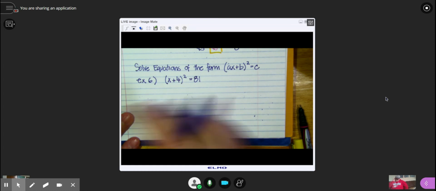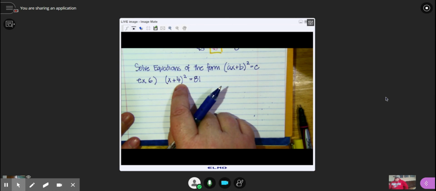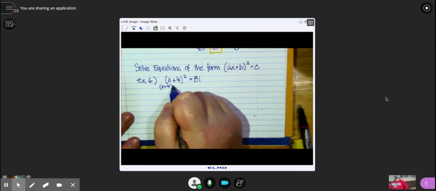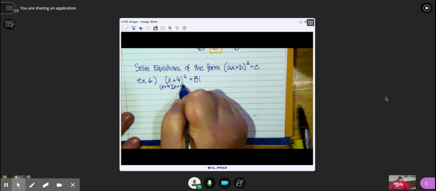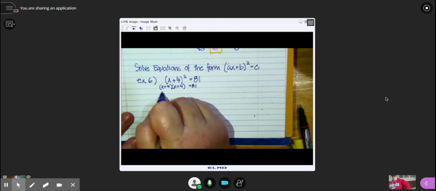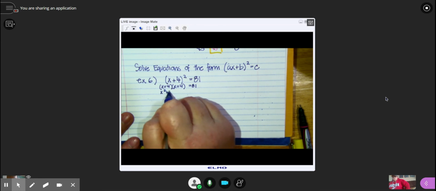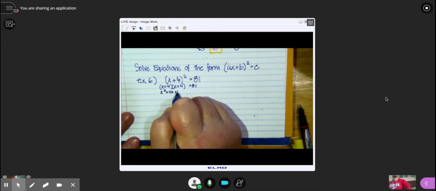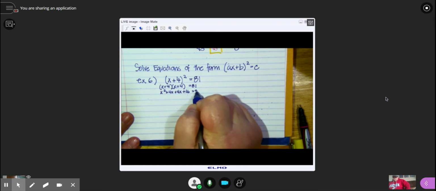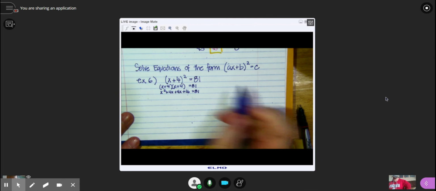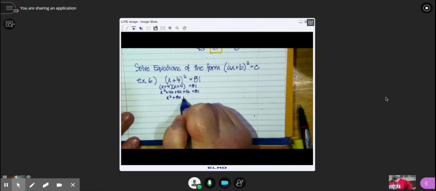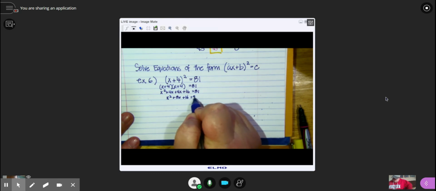Now, you can FOIL this, right? This is x plus 4 times an x plus 4 equals 81. I can get an x squared plus a 4x plus a 4x plus a 16 is equal to an 81. I can do an x squared plus an 8x plus a 16 is equal to an 81.